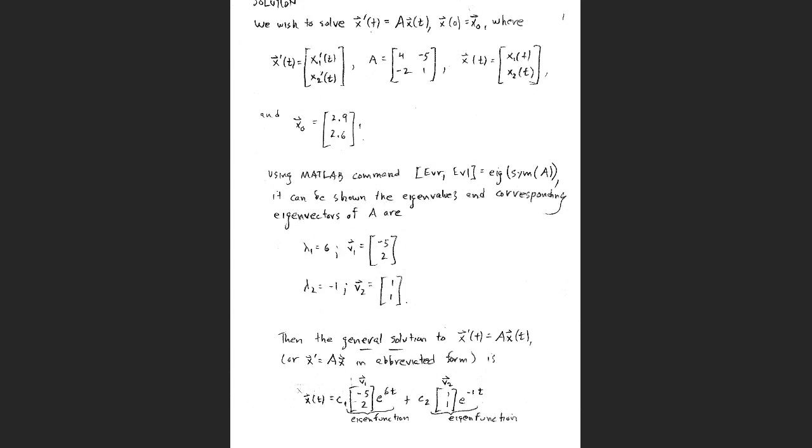Okay, let's move forward. Just to keep us straight on the terminology, you're used to seeing this notation for a linear system of differential equations: X prime of t equals A times x of t.